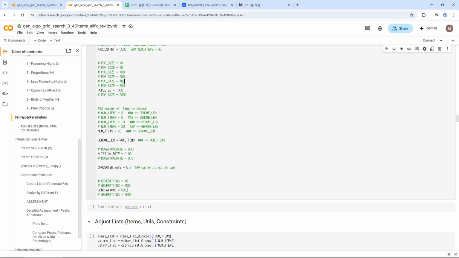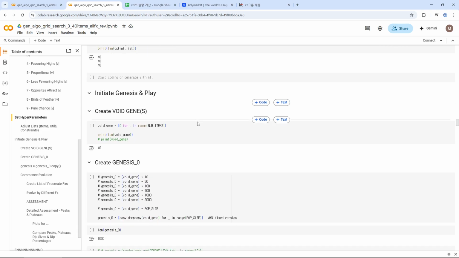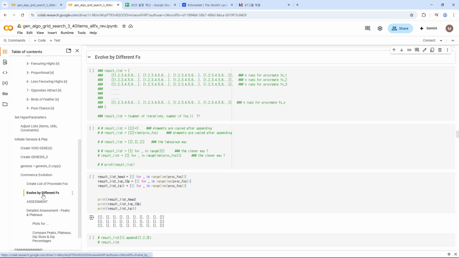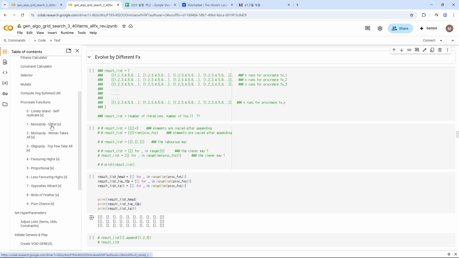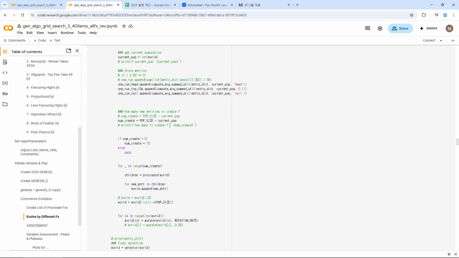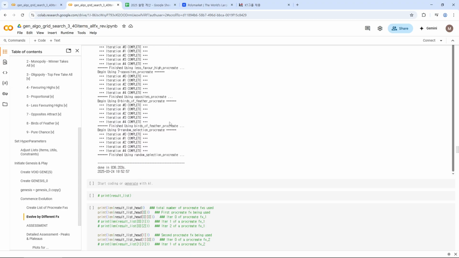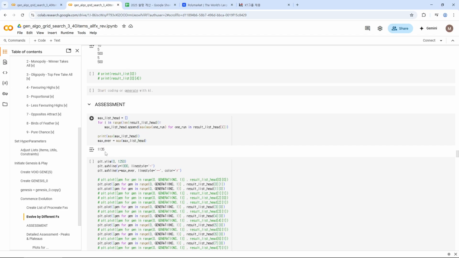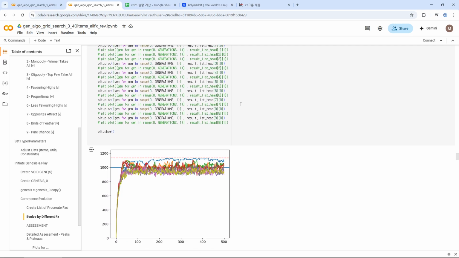Population size 1000 and generations 500, and we have 40 items. After running the evolution five times per procreate function, after about 840 seconds, we established that the maximum ever for the top entity is 1135, and these are the plots, one from every procreate function.